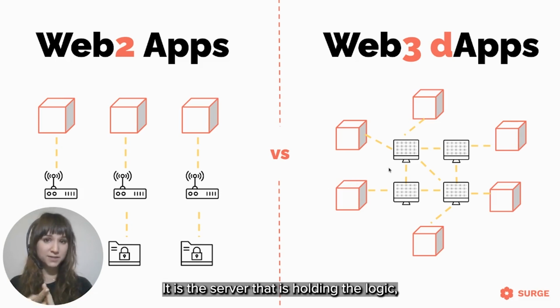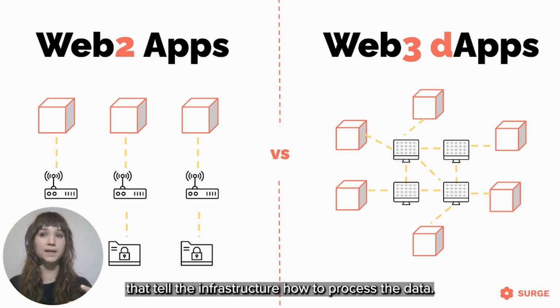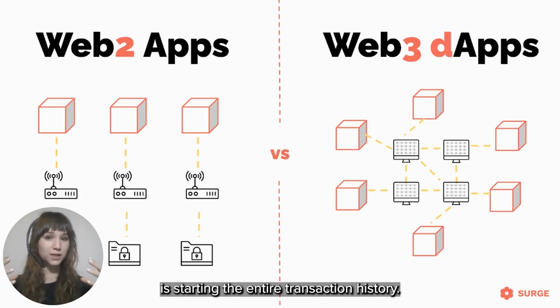It is the server that is holding the logic, the rules that are written in the smart contracts that tell the infrastructure how to process the data. And it's also the database, because if you remember, blockchain is storing the entire transaction history.